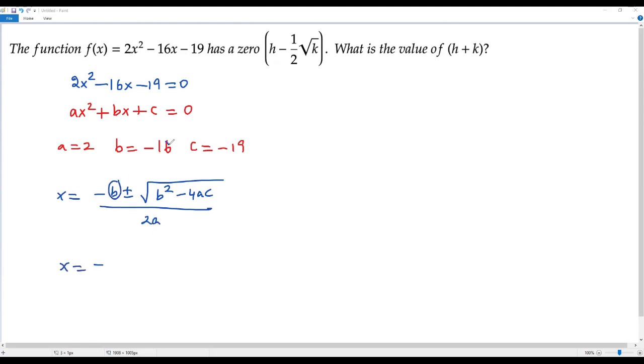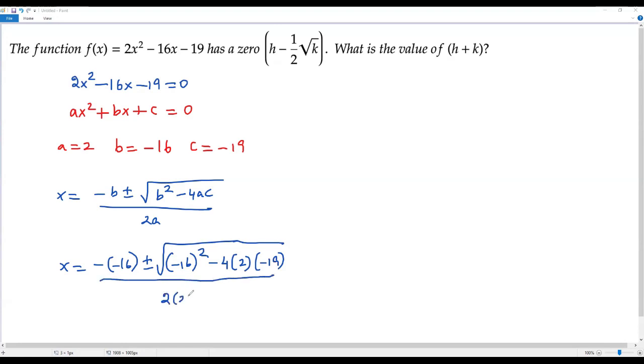Now I can plug in the values for a, b and c. The value of b is negative 16, so negative of negative 16, plus or minus the square root of negative 16 the whole squared, minus 4 times a, which is 2, times c, which is negative 19, over 2a, that means 2 times 2.